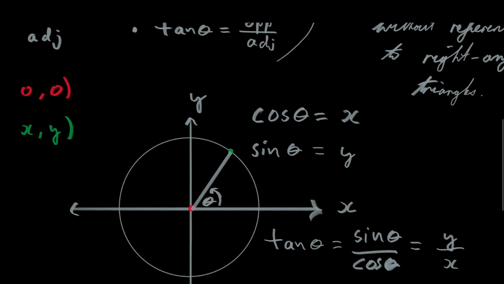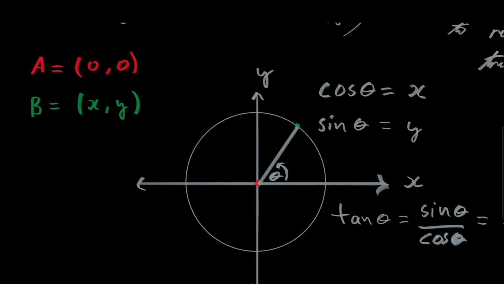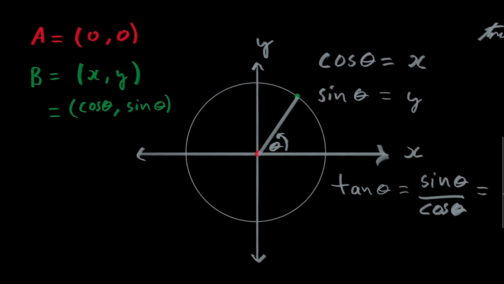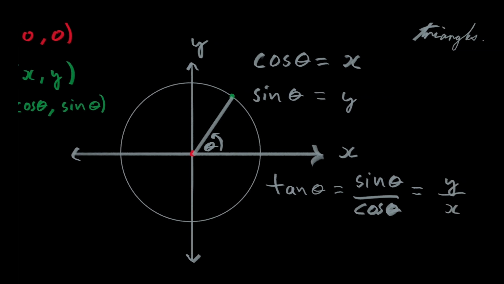Now we can also express the coordinates of B another way. We can say that the coordinates of B are equal to the cosine of theta as the x component and the sine of theta as the y component. Remember, definitions are conventions. Definitions are always choices, but they are smart choices.